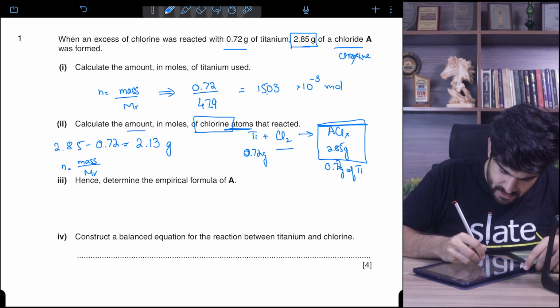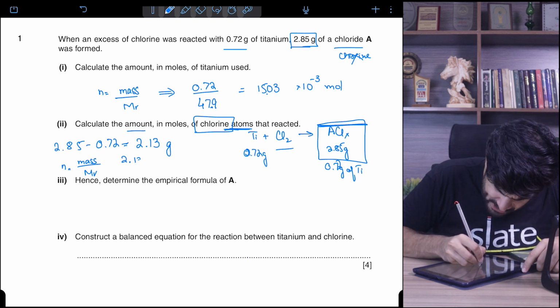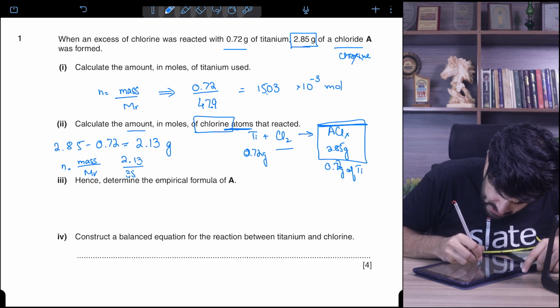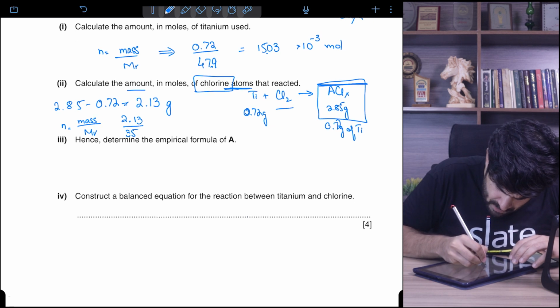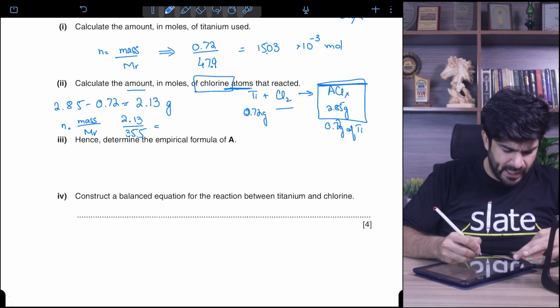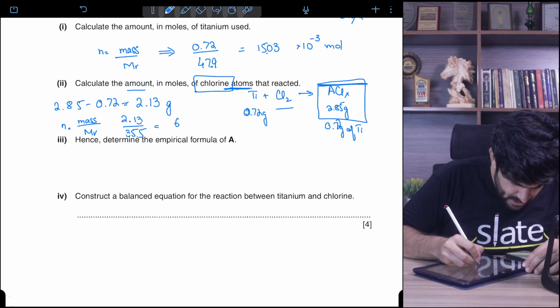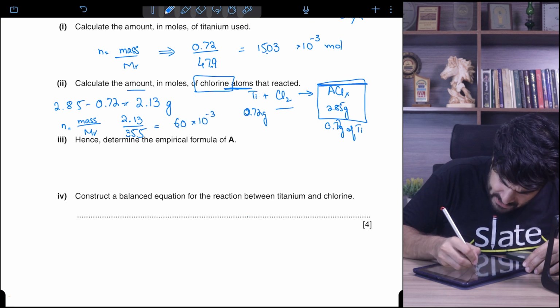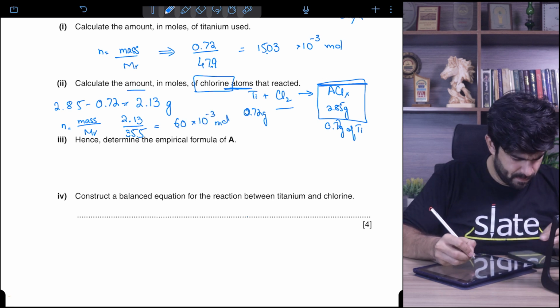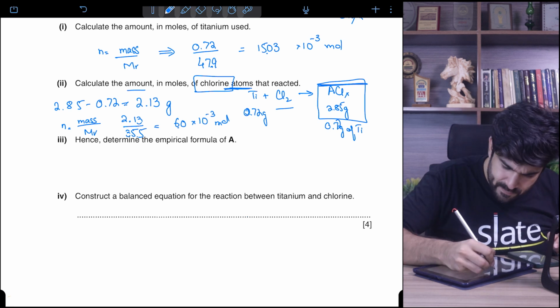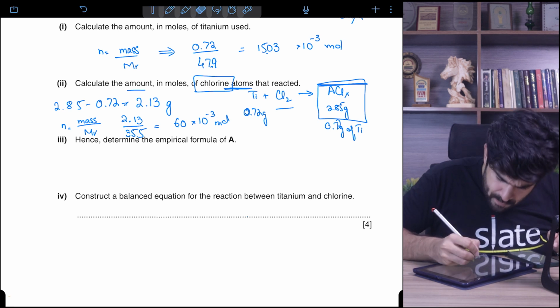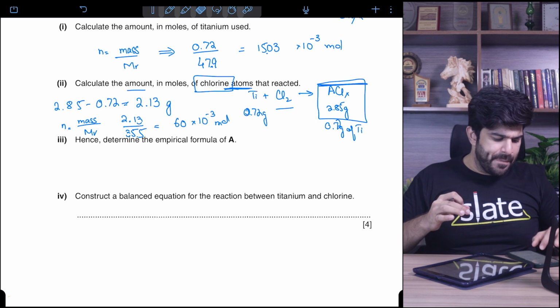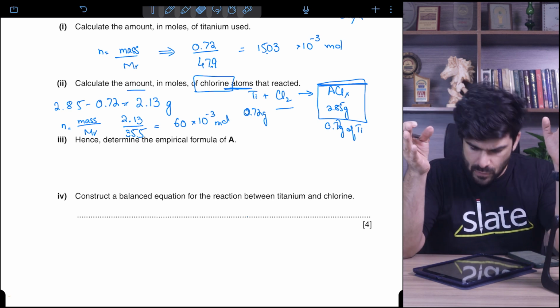So what shall be the mass? 2.13 divided by 35.5. And the answer would be 6.0 into 10 raised to power minus 2 mole. 0.06, I mean.